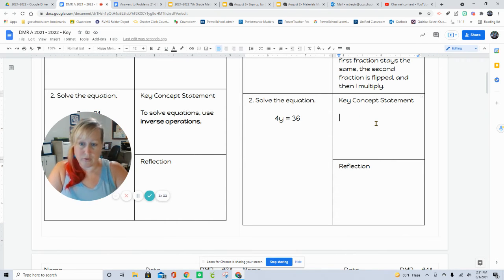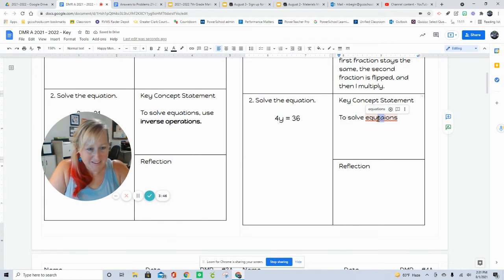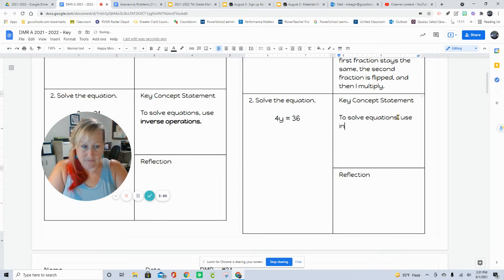Okay, now we have moved to the bottom. Let's make sure that we review what our key concept statement is to solve equations. Solve equations, use inverse operations.